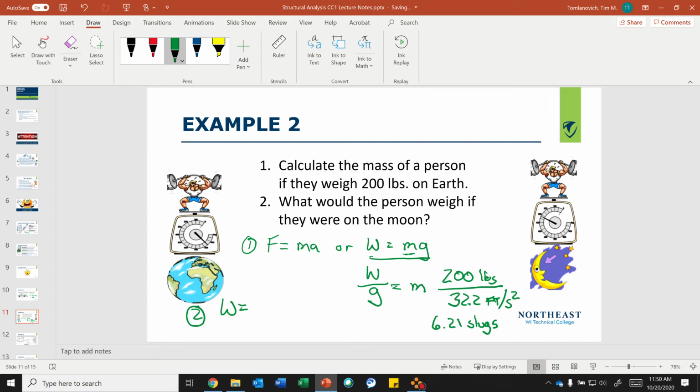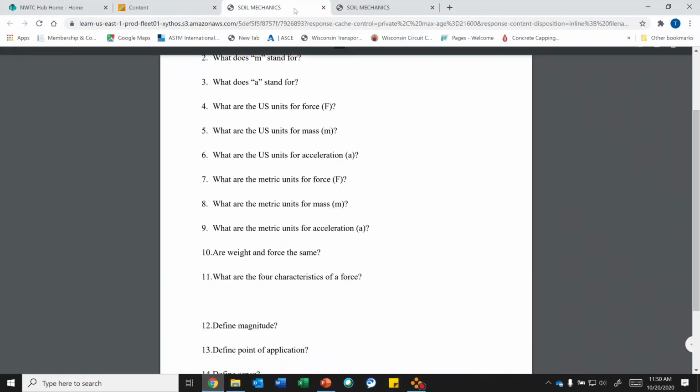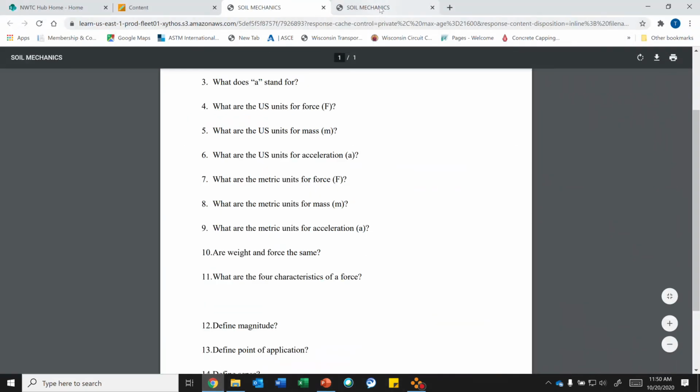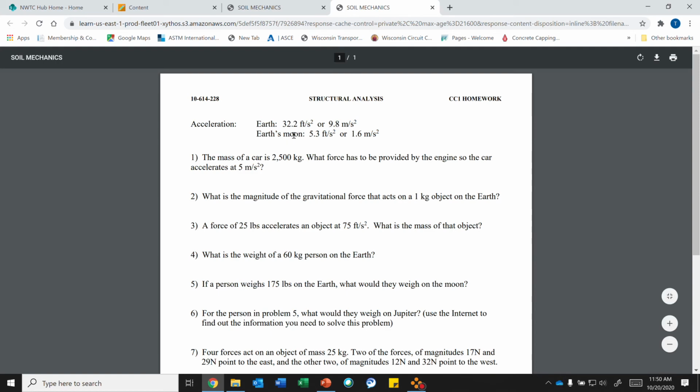Our mass is 6.21 slugs, and we're going to multiply times our gravity, which I do believe was 5.3 on the moon, 5.3 feet per second squared.